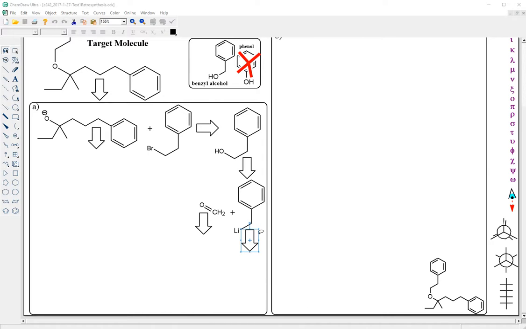Now the problem is, where do organolithiums come from? And where do aldehydes come from?